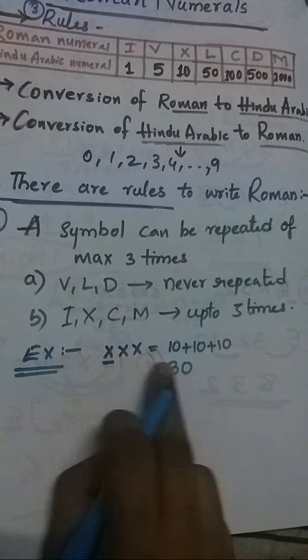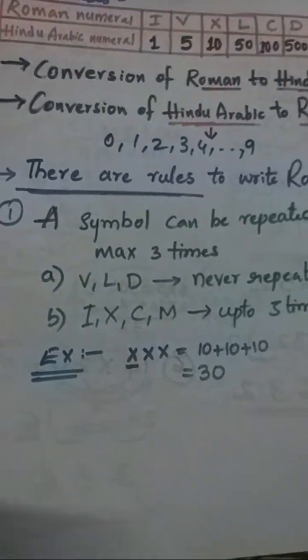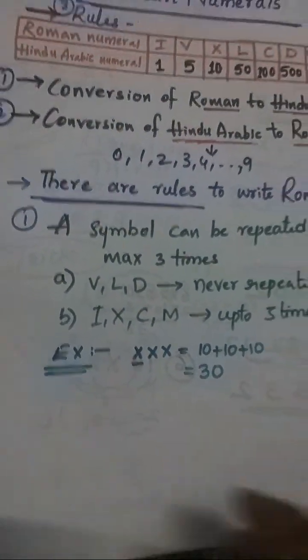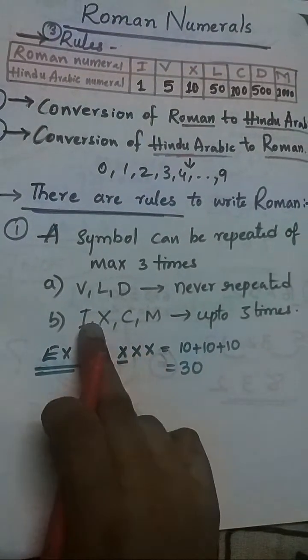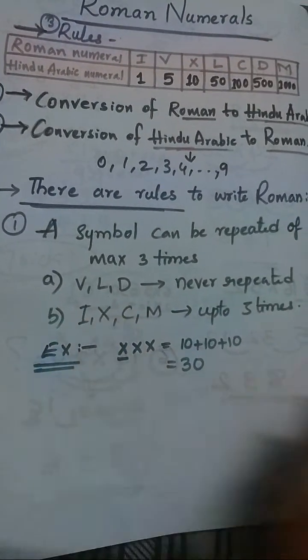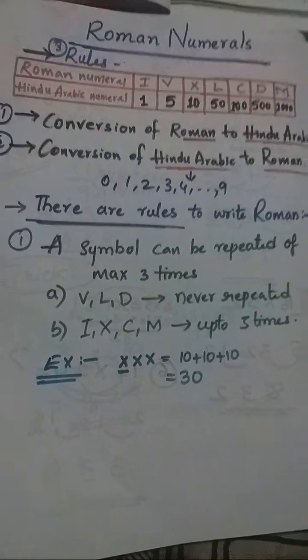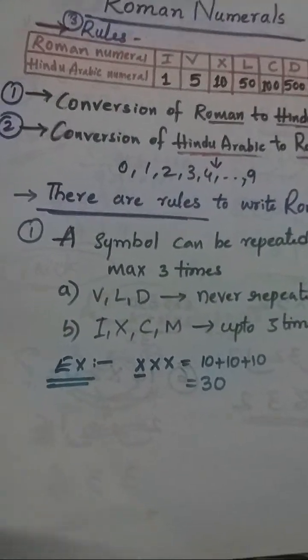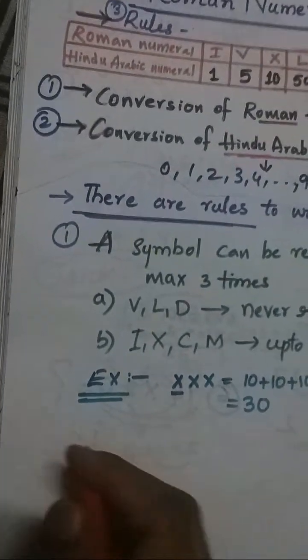We write triple X as 30. Like this we write these numbers 3 times only. We can't repeat them more than 3 times.